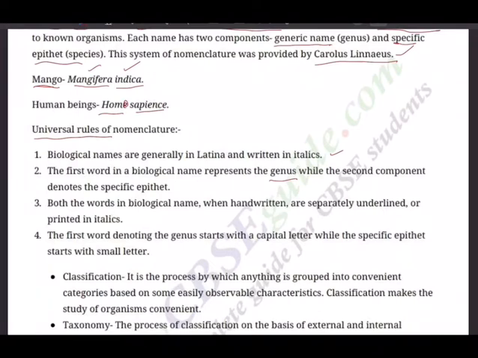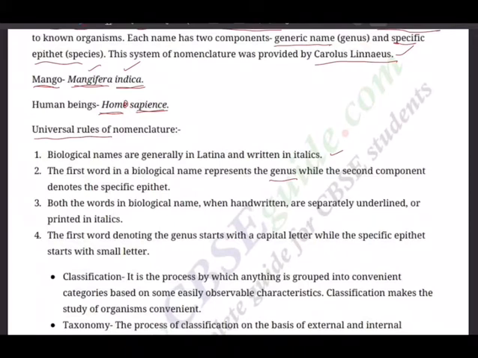Both the words in a biological name, when handwritten, are separately underlined. So when we write this, as I did, you have to underline Mangifera, genus name, indica, species name, Homo, sapiens, each underlined, and otherwise printed in italics. The first word denoting the genus starts with a capital letter.